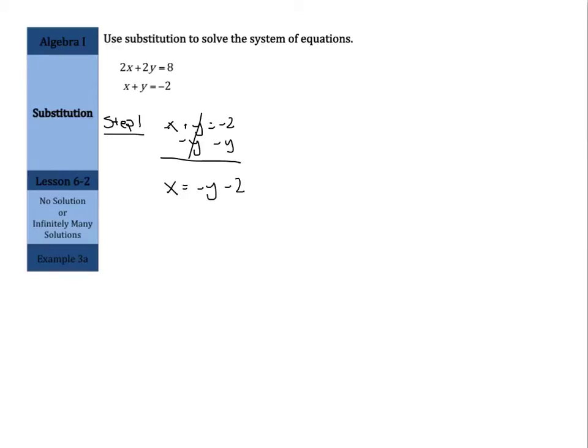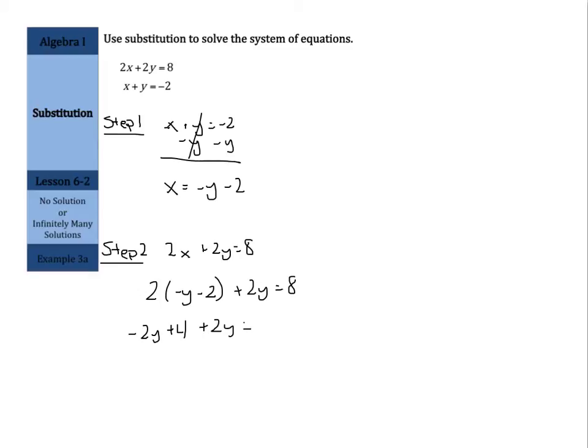So then in step 2, we can take the other equation, 2x plus 2y equals 8, and substitute in for the x: 2 times negative y minus 2 plus 2y equals 8. 2 times negative y is negative 2y, plus 4, plus 2y equals 8.